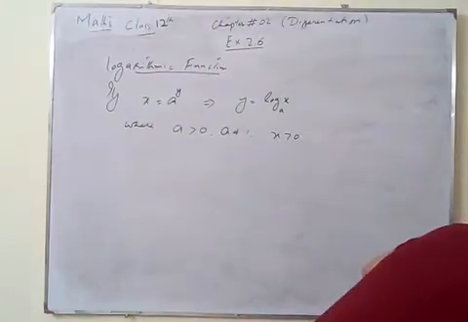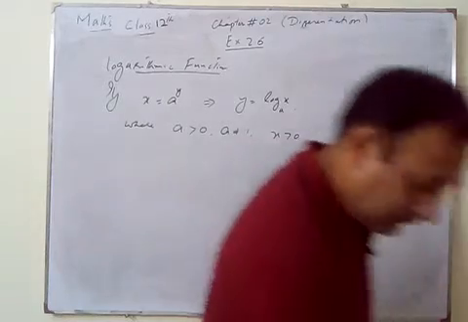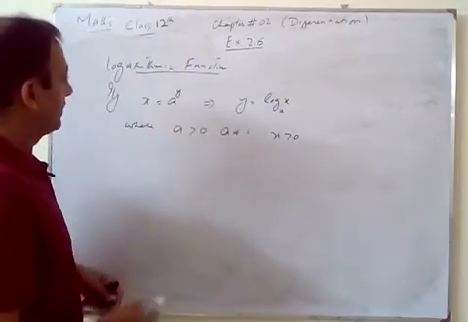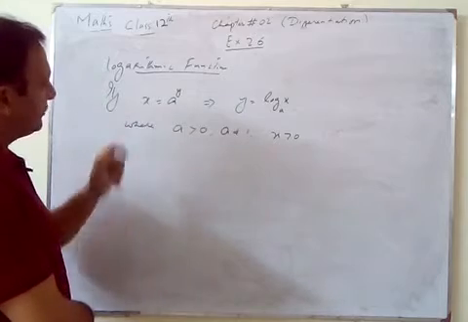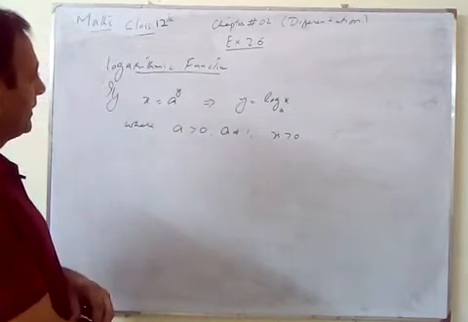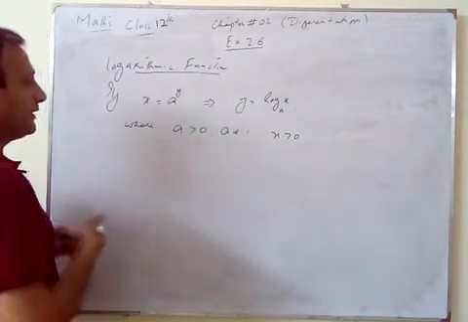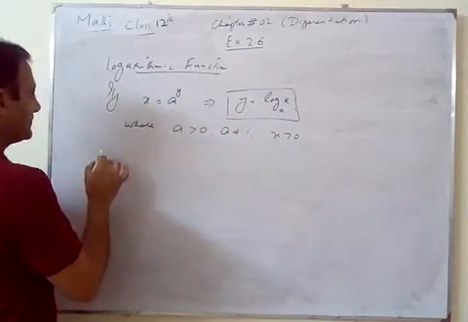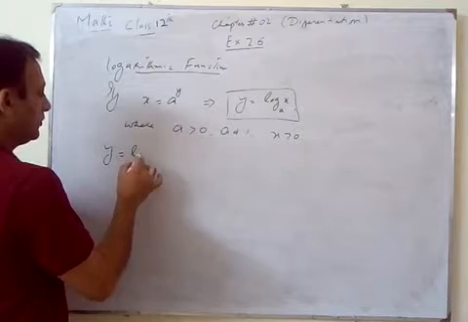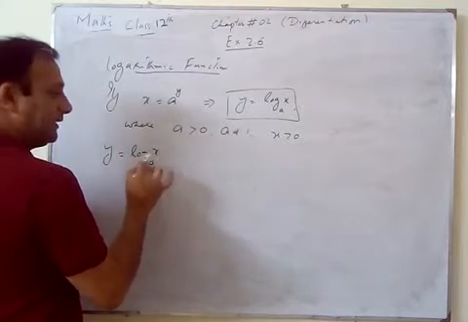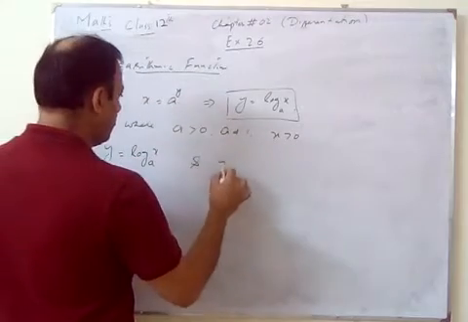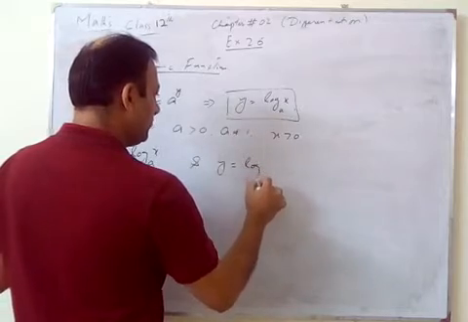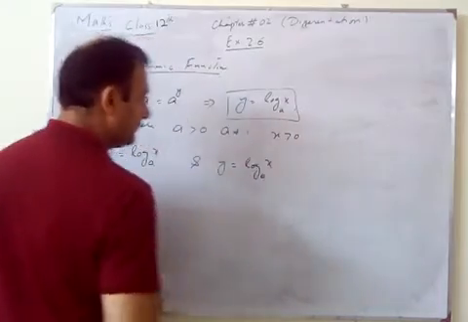But in this book, you have already studied this. What I wanted to tell you is that there are two things: y is equal to log of x base a and y is equal to log of x base e.